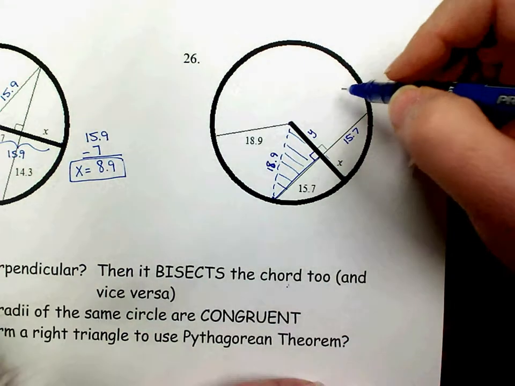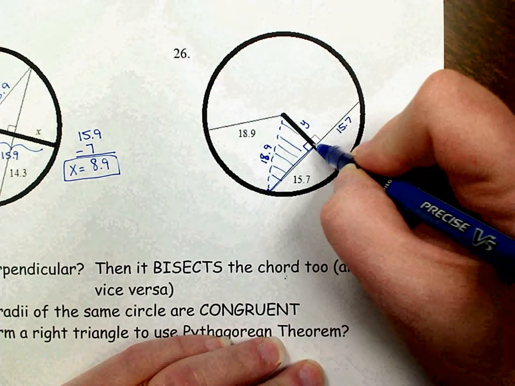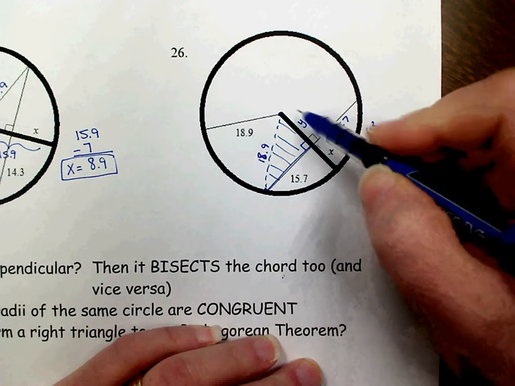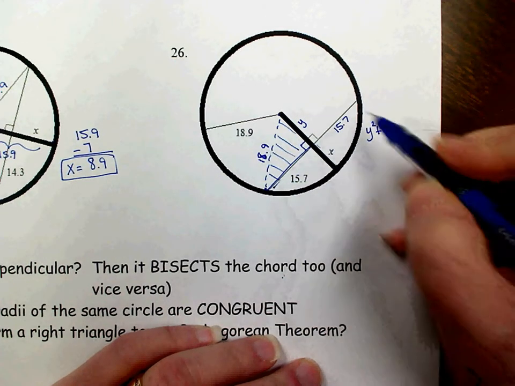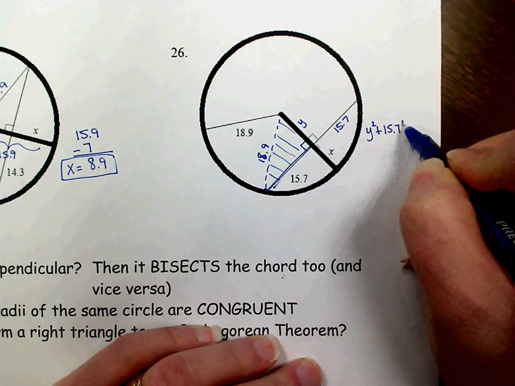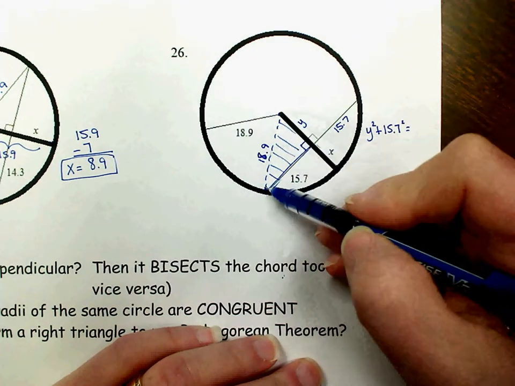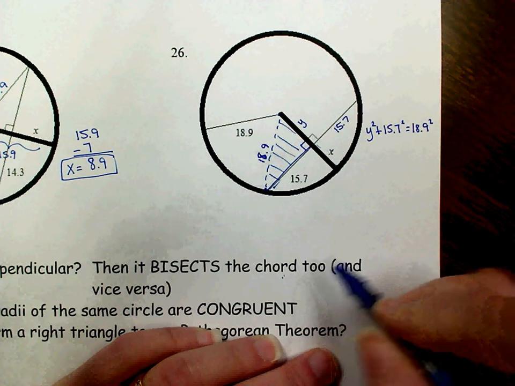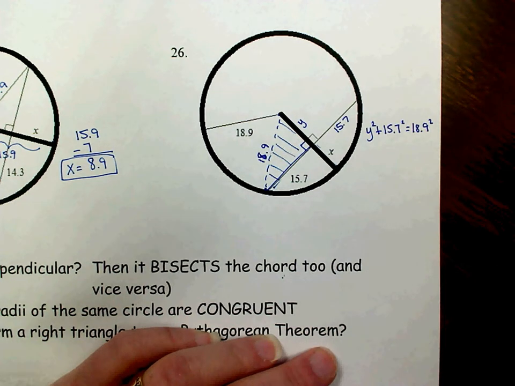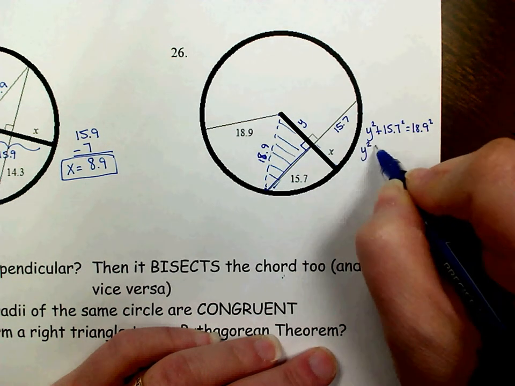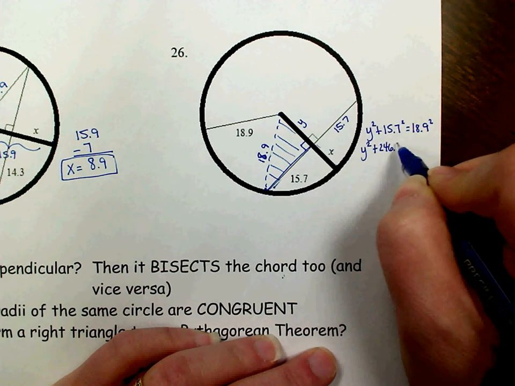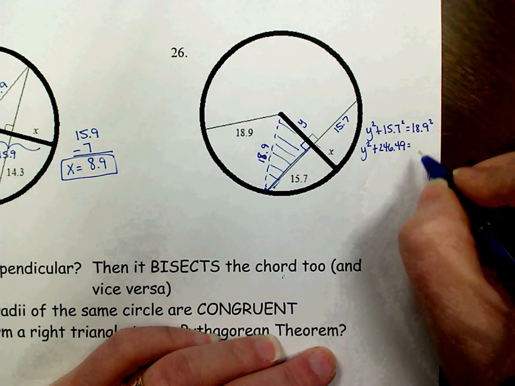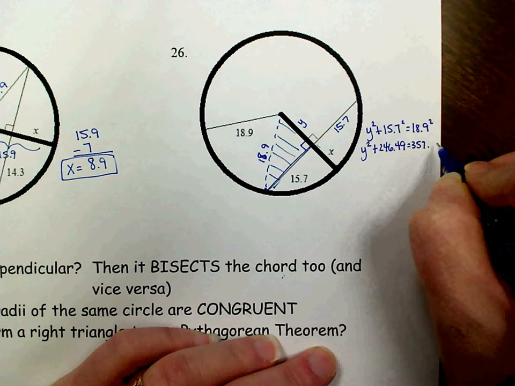So we know it's leg squared, so the leg here is y, so we'd have y squared, plus the other leg squared, which is the 15.7, so leg squared, equals the hypotenuse, which is the radius, 18.9 squared. So when we square the 15.7, we get y squared plus 246.49 equals the 18.9 squared, which is 357.21.